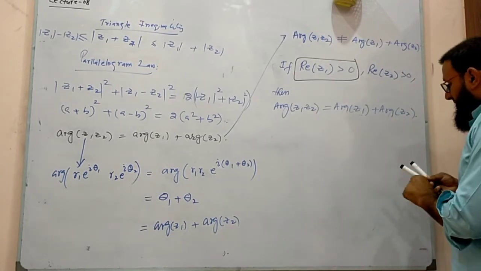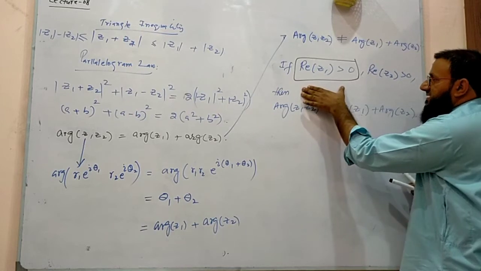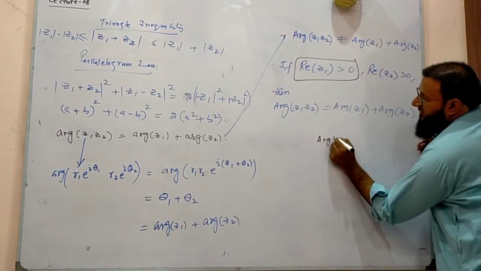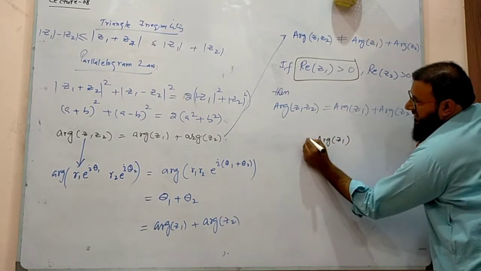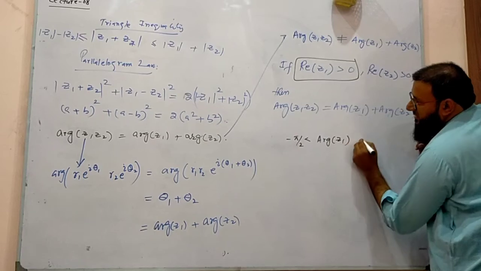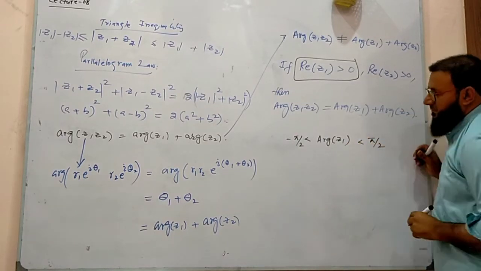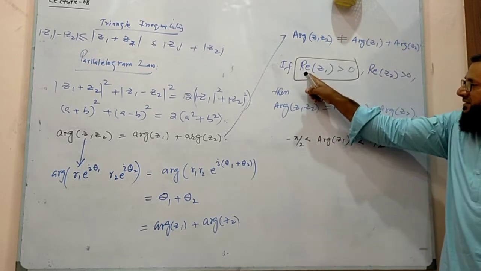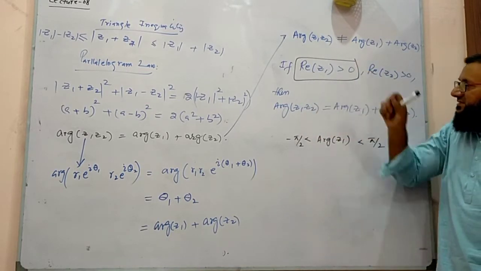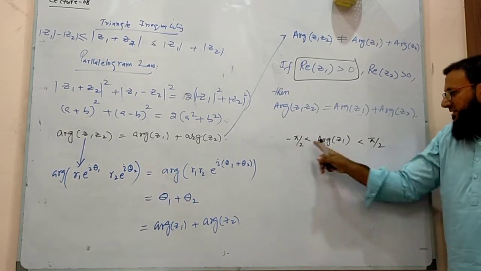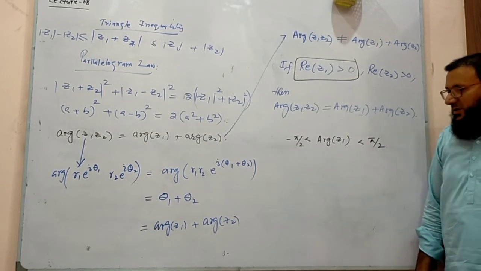If the real part of Z1 is greater than 0, then the argument of Z1 is always greater than minus pi by 2 and less than pi by 2. Do you agree with this? If the real part of a complex number is greater than 0, its principal argument is between minus pi by 2 and plus pi by 2.